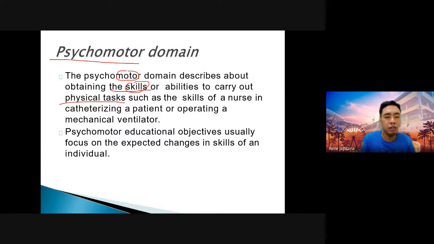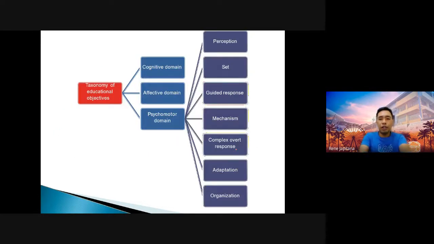But there are still levels on this domain. Psychomotor objectives usually focus on expected changes in the skills of an individual. In this type, we have seven levels of psychomotor domain: perception, set, guided response, mechanism, complex overt response, adaptation.